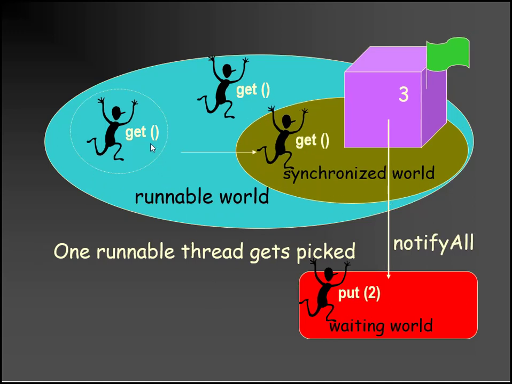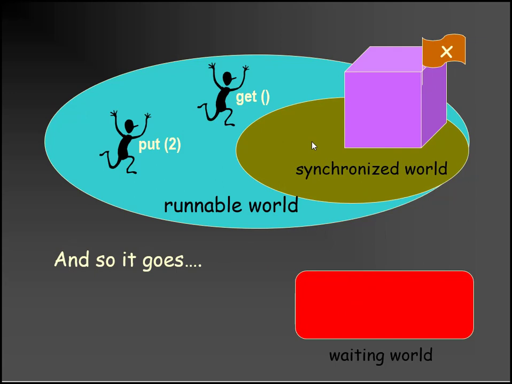Let's imagine that he picks one of the threads that is going to do get. He comes in, he finds the flag set, which means he can extract the data. So he gets the data, and then he calls notify all, and the thread that was waiting to put is now put back into the runnable world. Now if the get thread gets chosen, he waits, but if the put thread gets chosen, since the flag is set to false, he will put the data in. And so it goes.